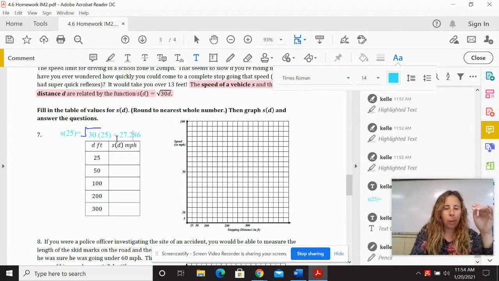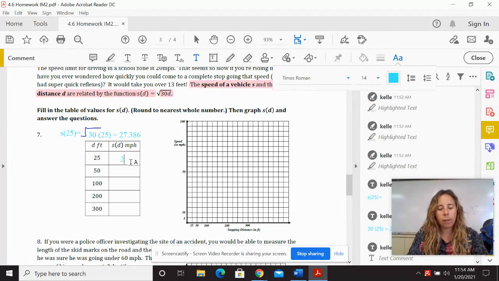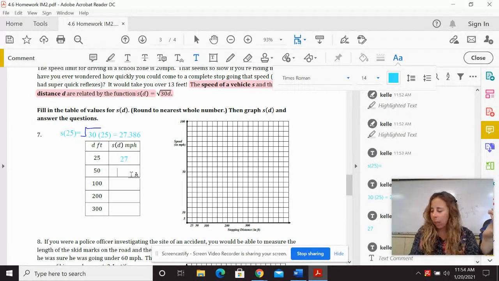So it says to round to the nearest whole number. So 27.3, you would round down to 27. That's why it says round to the nearest whole number, because you're going to get decimals, I think, on all of these. Okay. So then you would substitute 50 in for d, and then 30 times 50, and then take the square root of it, and you should get, I don't know, 39.